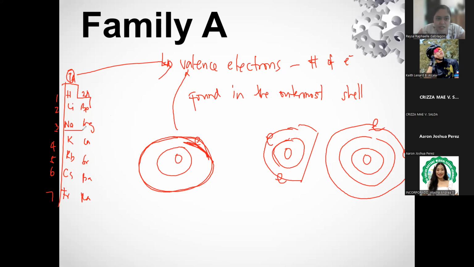Itong nasa period 3, tatlong shells. Pero kung patayo or vertical groupings of the periodic table, valence electrons yun, electrons na makikita sa pinakahuling shell ng ating element.